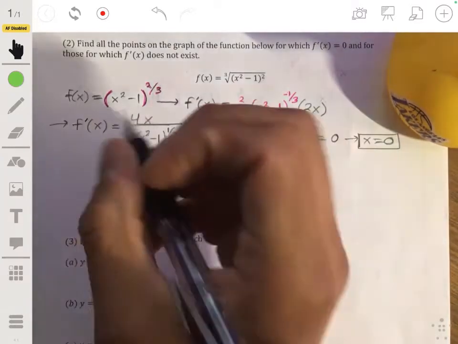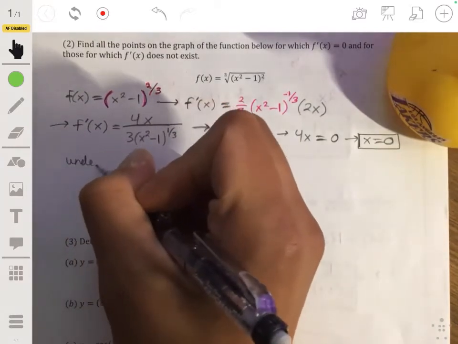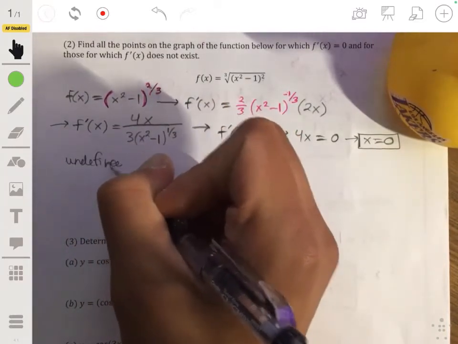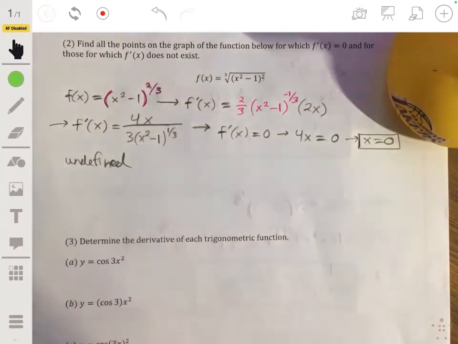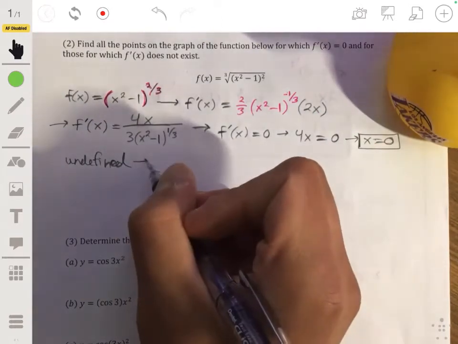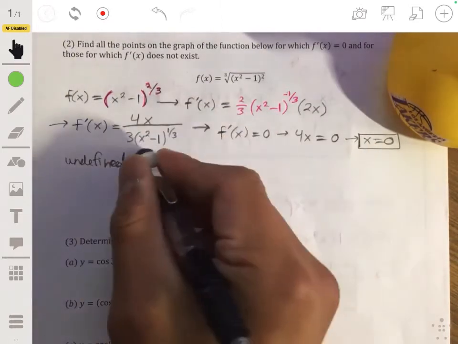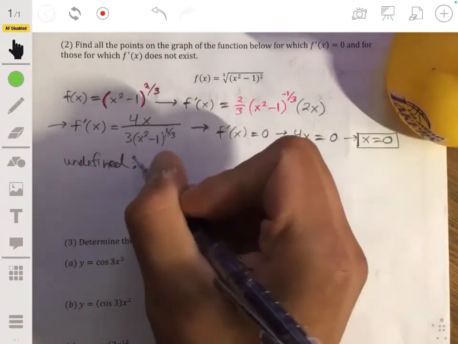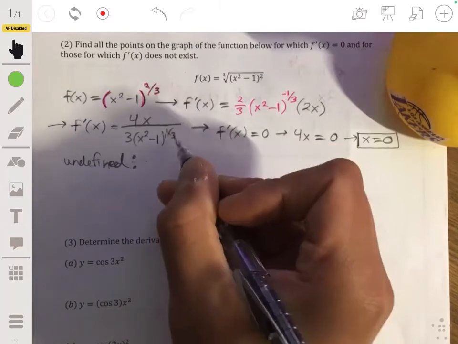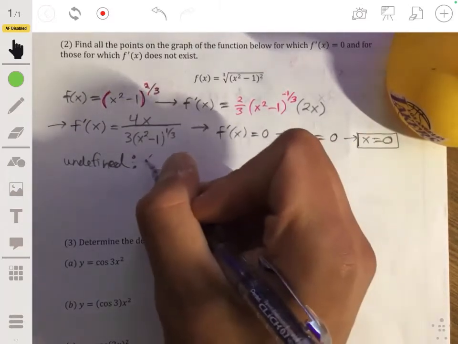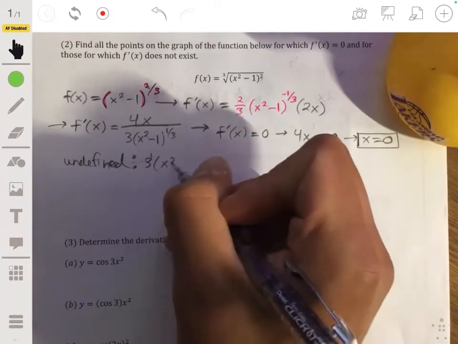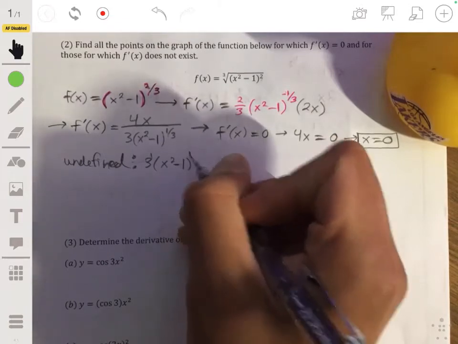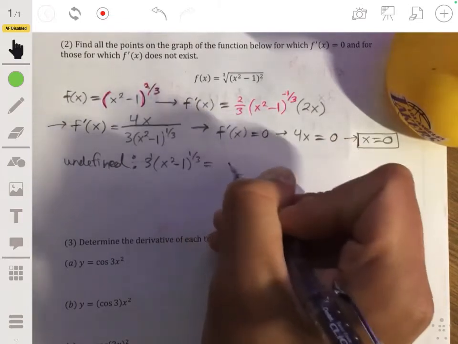Now, where is it undefined? It'll be undefined where the denominator is equal to 0. So we want to make this denominator equal to 0. So let's set that whole thing, 3 times x squared minus 1 to the 1/3 power, equal to 0.